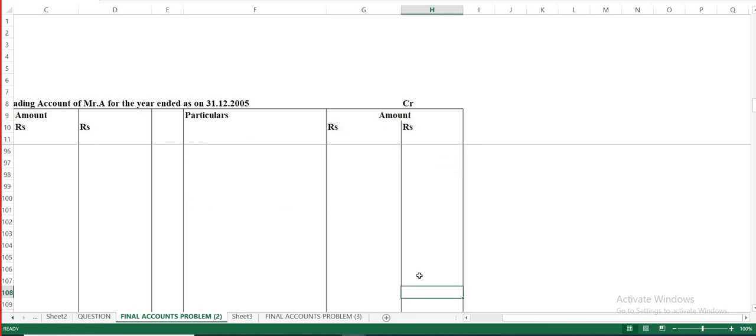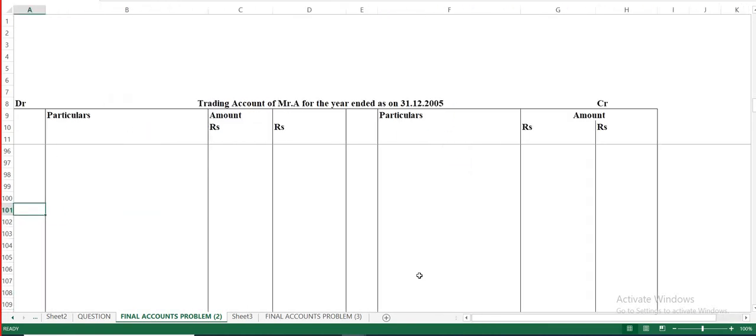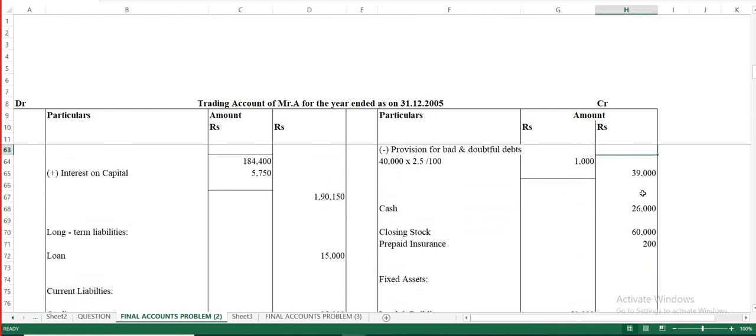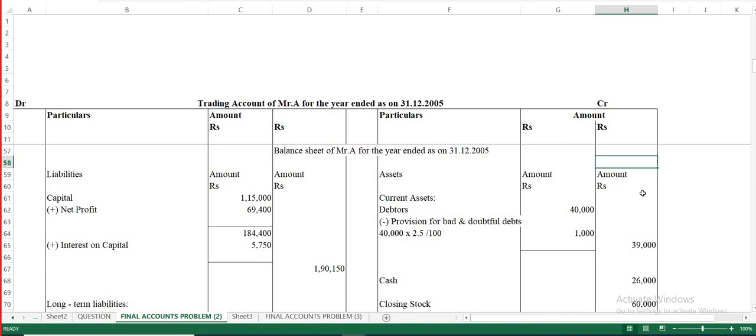So that's it. This is our asset side. Just total and find out both the sides of your balance sheet.